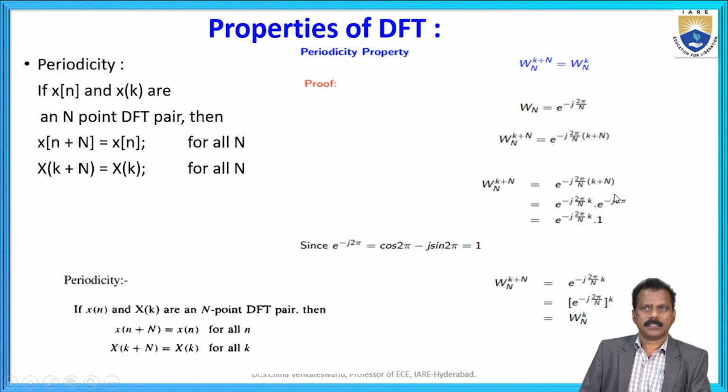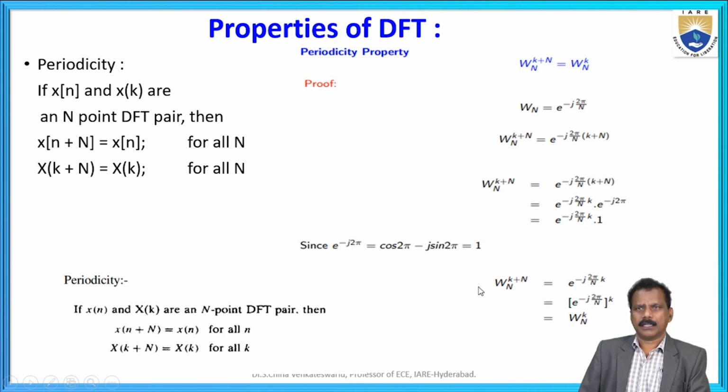Like this, the value of the last term is 1, which comes from e power minus j 2 pi is equal to cos 2 pi minus j sin 2 pi, which is equal to 1. So W_N power k plus N is equal to e power minus j 2 pi by capital N into k into 1.